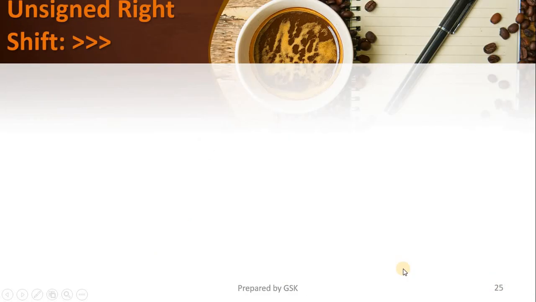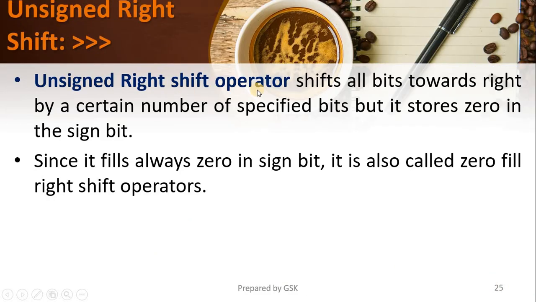Okay. Next one is the unsigned right shift operator. It shifts all the bits towards the right by a certain number of specified bits, but it stores 0 in the sign bit. We covered a very important point in the right shift operator, that is, the right shift operator preserves the sign bit, but here the unsigned right shift operator stores 0 in the sign bit.